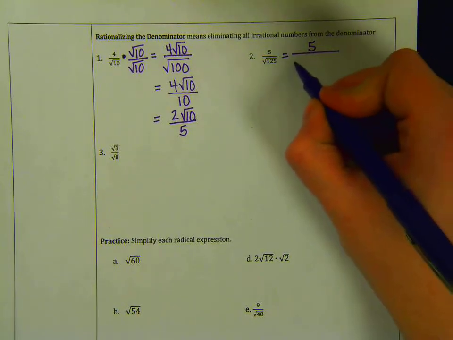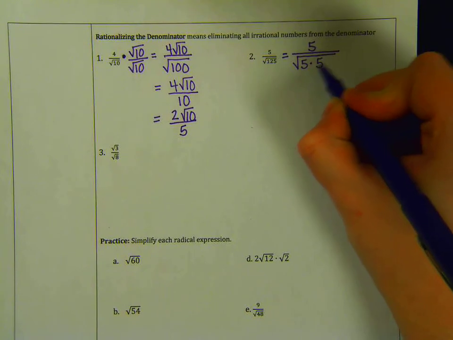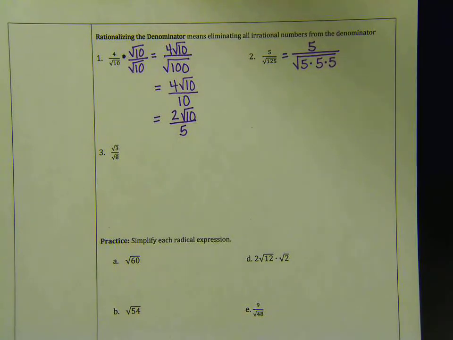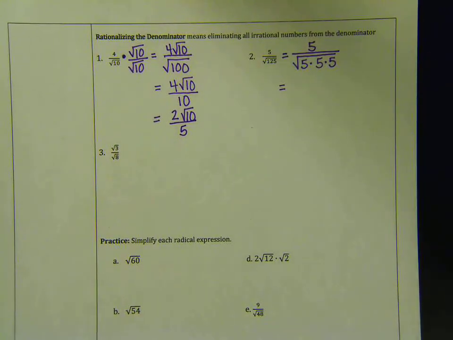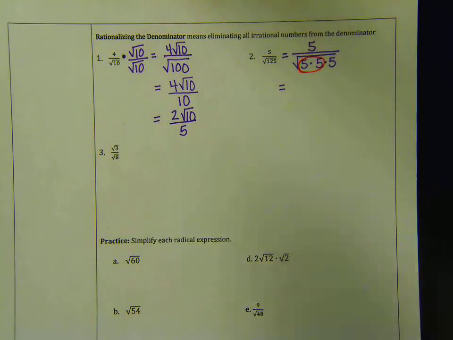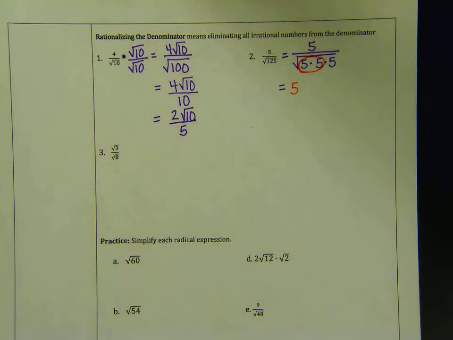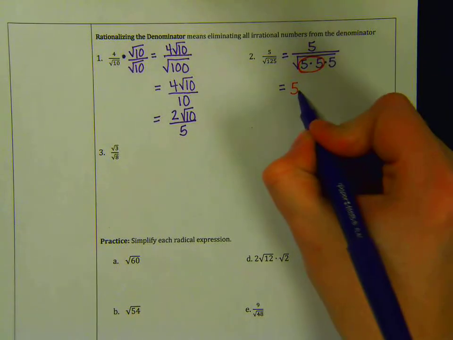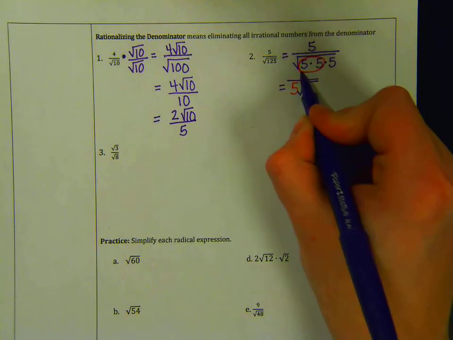And I know that I can write this as 5 times 5 times 5. I'm looking for my twins, so I see a set of 5 here. So that's going to come out in front.